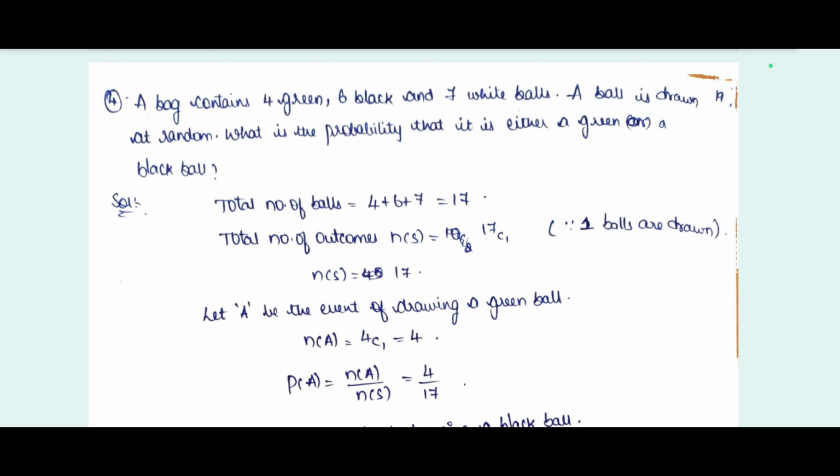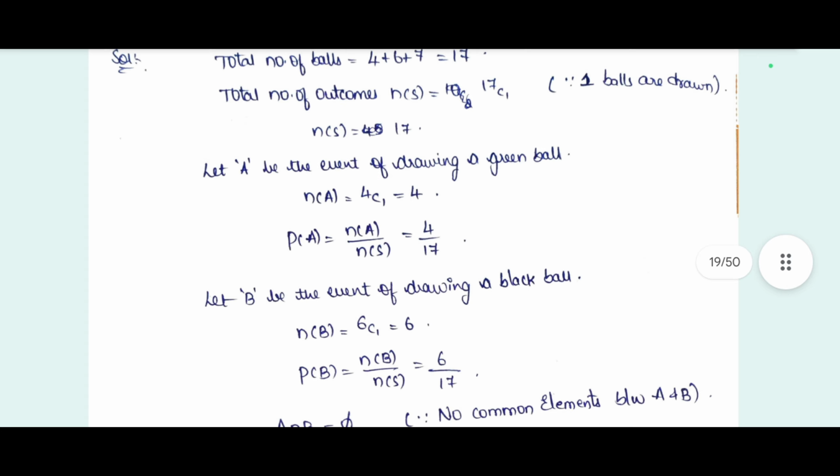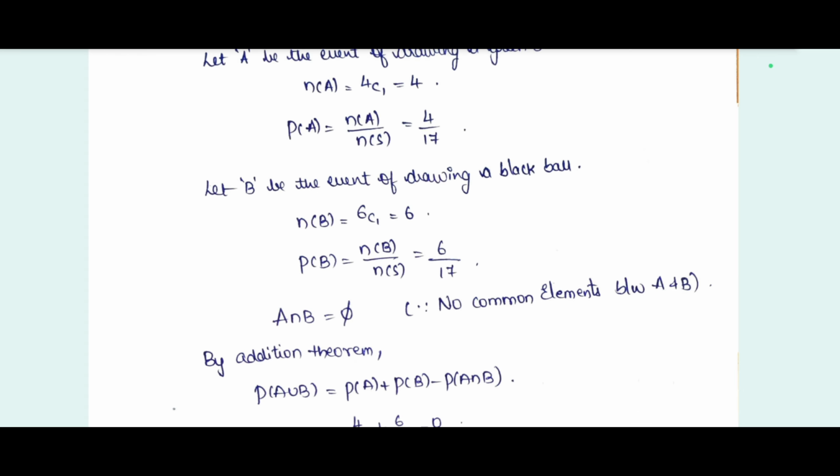Probability of A is n(A) divided by n(S), that is 4 divided by 17. Let B be the event of drawing a black ball, so n(B) is 6C1, because there are 6 black balls. Probability of B is n(B) divided by n(S), that is 6 divided by 17.